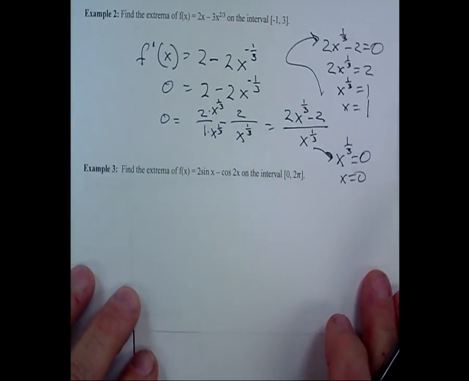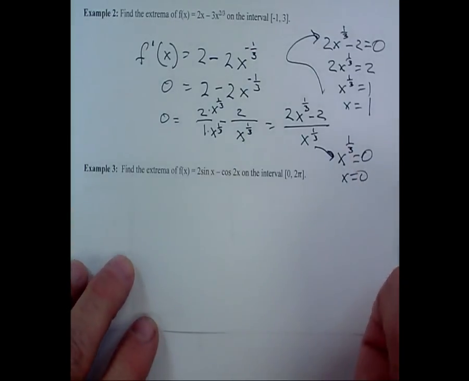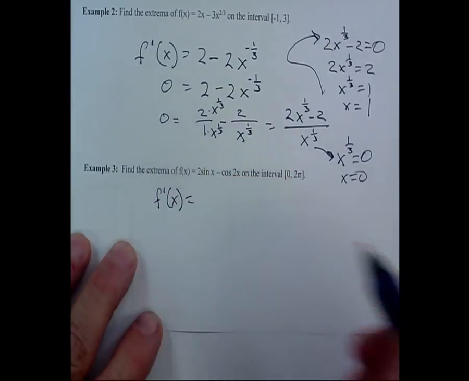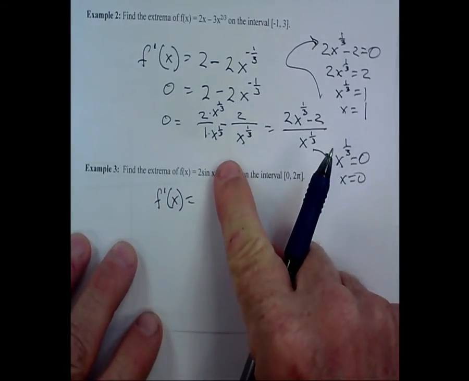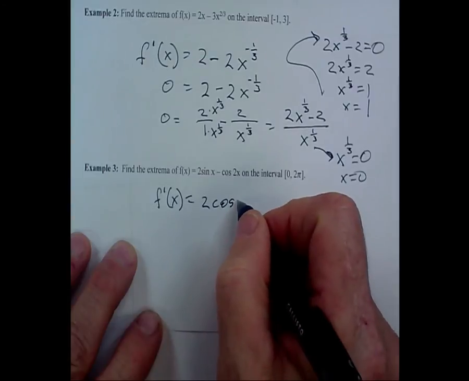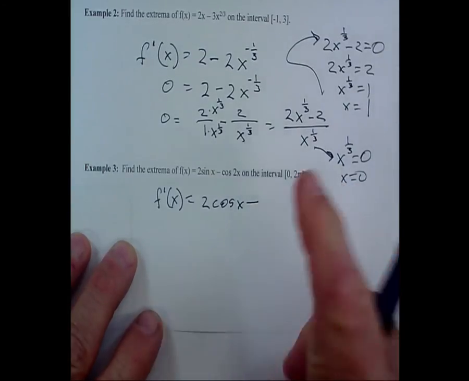Great. Trig. Allison, what's the first thing we're going to do? Take the derivative. F prime of x. What is it equal to? So take the derivative of that first. 2 sine of x. 2 cosine x minus.